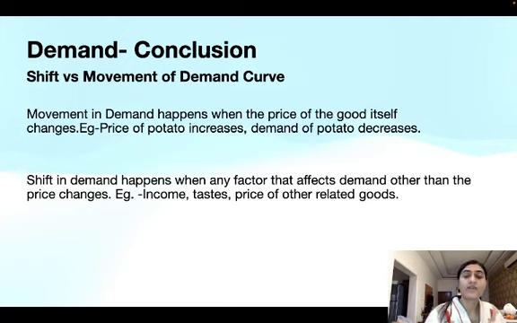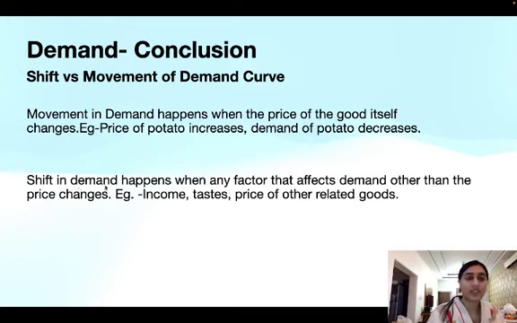For example, if the price of potato increases, the demand for potato will decrease, other things remaining constant, and vice versa. When the price of potato decreases, the demand for potato would increase, other things remaining constant, and this is called movement along the demand curve. The demand curve remains the same.